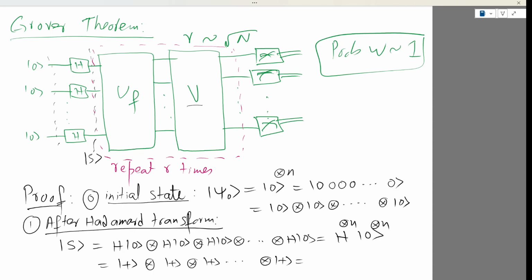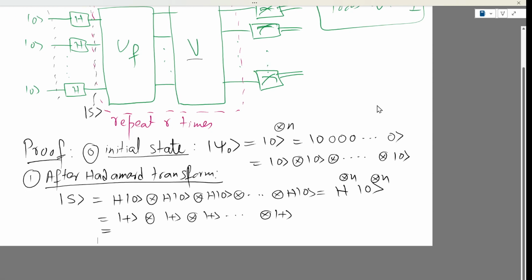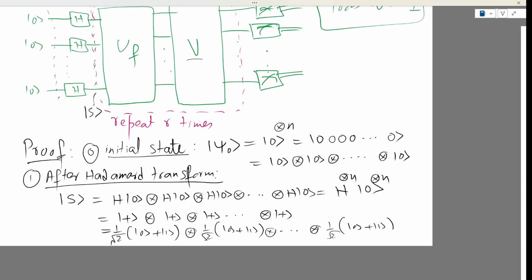And if we express it in more detail, let me write this plus as 1 over square root 2, 0 plus 1, tensor 1 over square root 2, 0 plus 1, tensor so on, and the last one is this state. Now let's go to the next page.